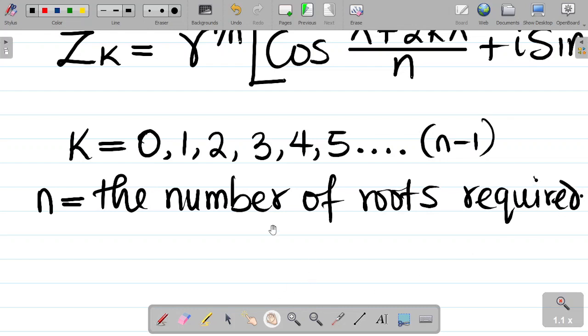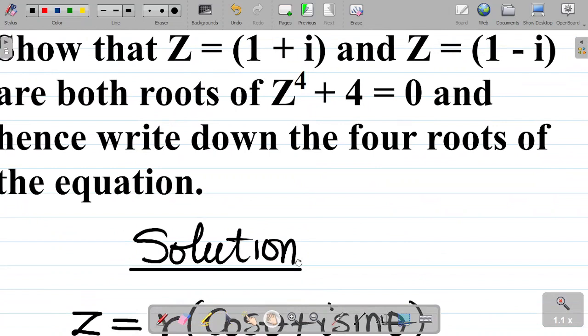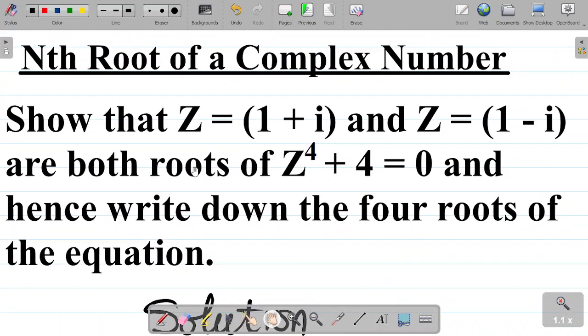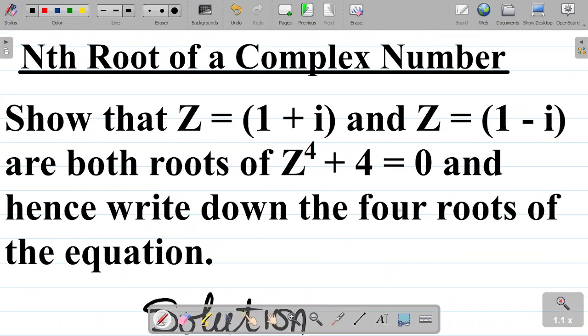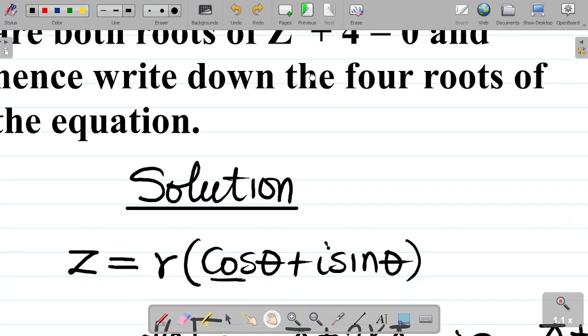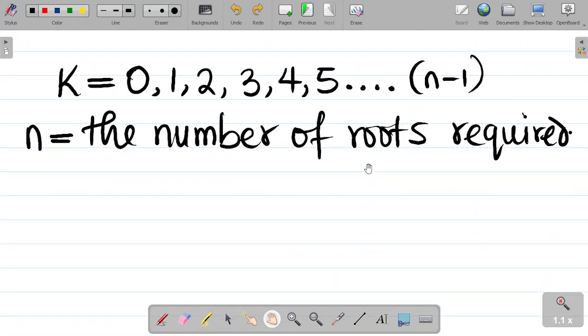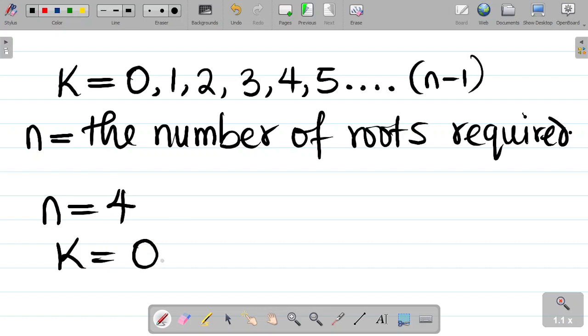Now, if I look at the question here, the question says, write down the four roots. You can see it here, four roots. If it says 4 roots, that means in this case n is equal to 4. So for this question here, n is equal to 4, because we're asked to find the 4 roots. Now what will k be? k will start from 0.